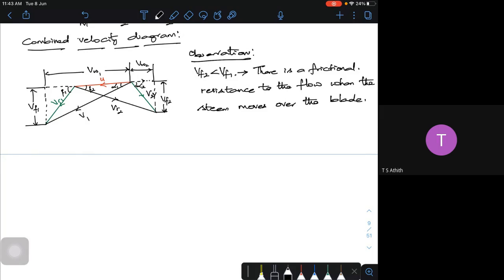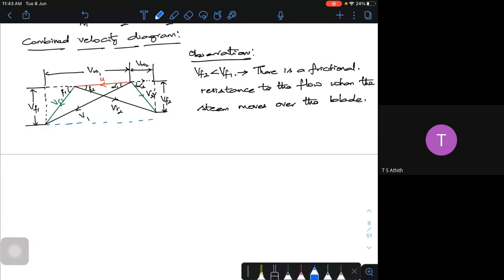And one more thing is, see, your VF, what does it indicate? If this is the difference, try to draw a line somewhere here. So this value gets reduced.